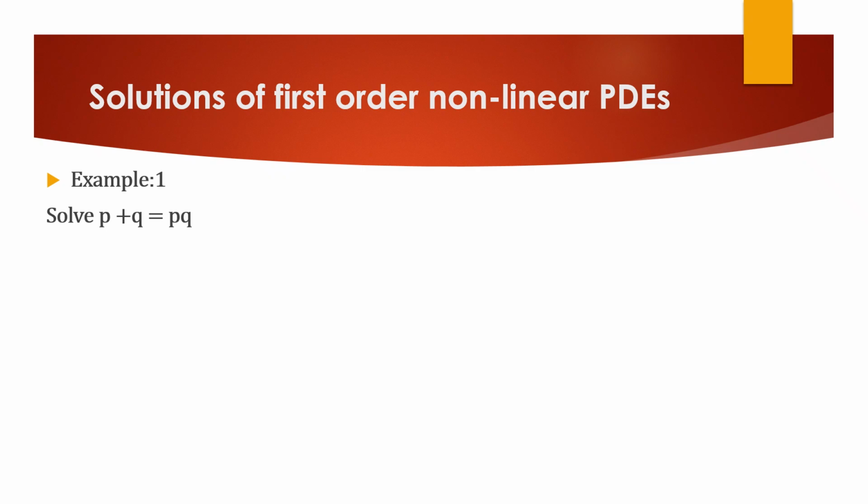So this is our given problem. Here we are going to solve this nonlinear PDE, and this is a type 1 PDE because this PDE contains only p and q. Okay, so here first we assume that z is equal to ax plus by plus c is the solution of the given equation.